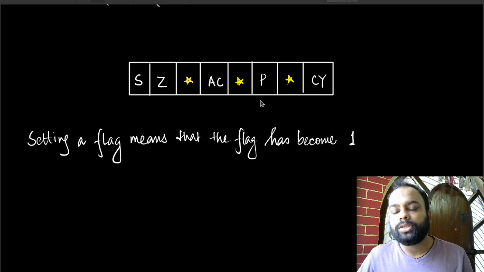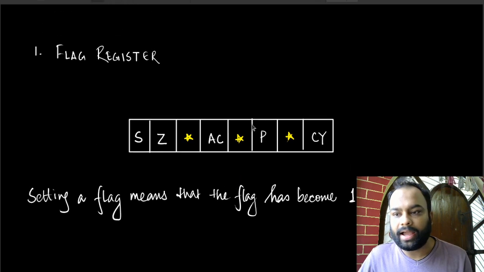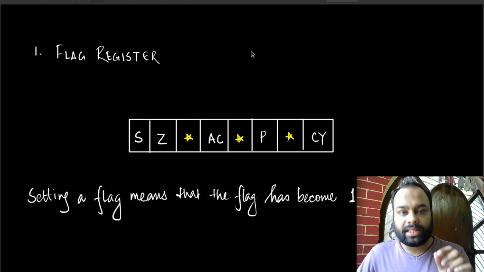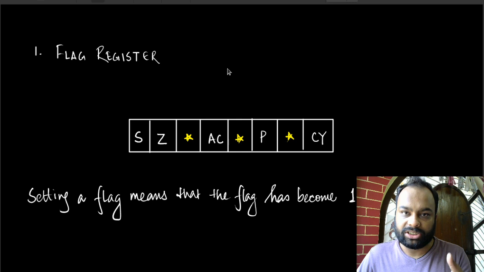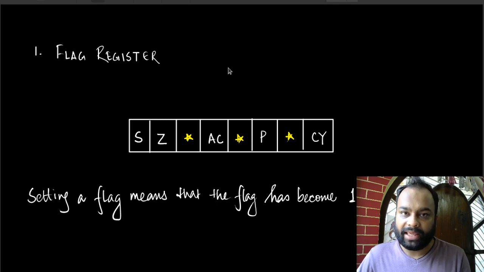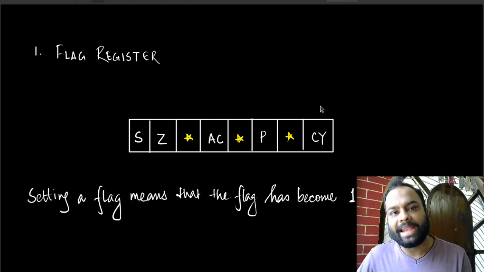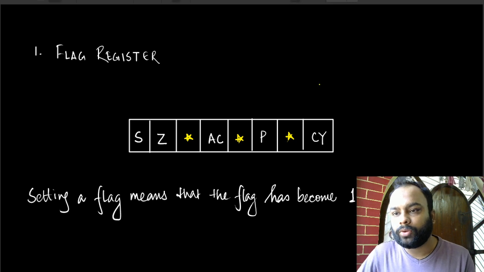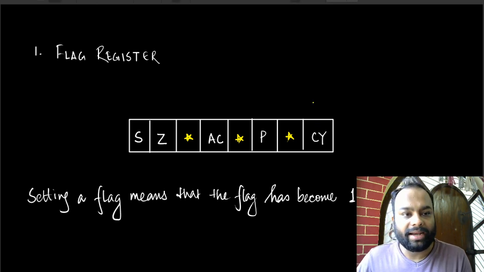What does the carry flag do? It indicates whether the result of the previous instruction resulted in an overflow, that is a carry, or a borrow. So if after an arithmetic or logical operation, mostly an arithmetic operation, there is a carry or a borrow, in that case the carry flag is set.